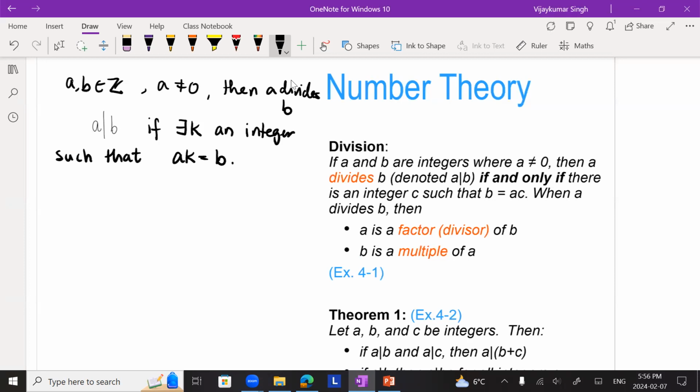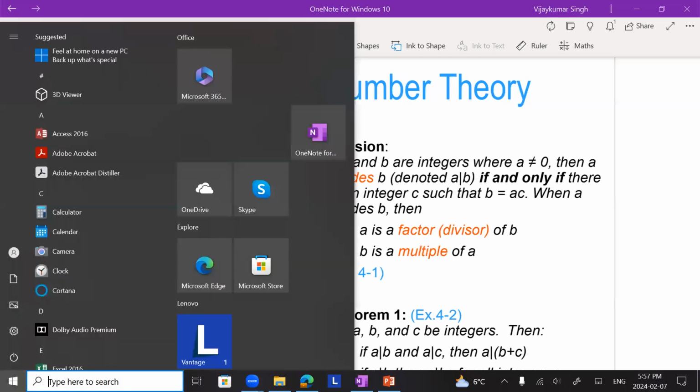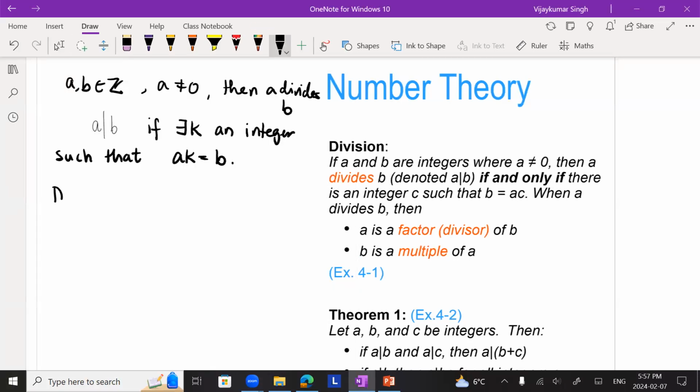All right. So let's see. So let's ask a few questions. Does, say, 3 divide 4? Sorry, not 4, but let's say 42. Yeah. So this is the question. Or in other terms, we can ask, does 3 divide 42? And the answer is yes.